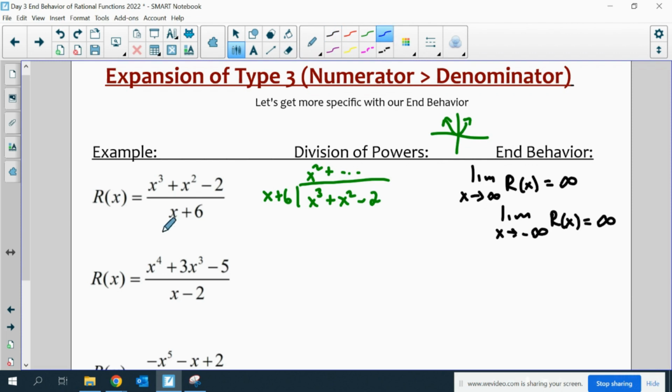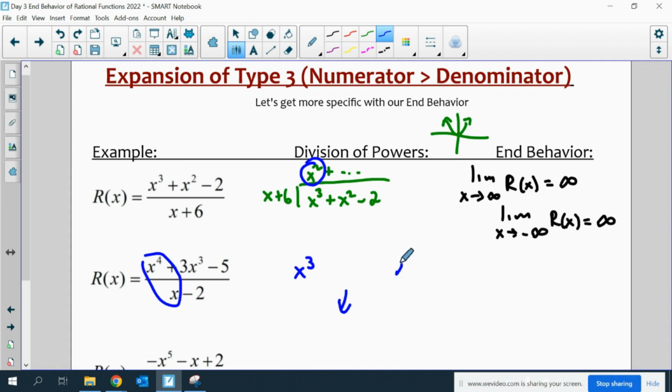Case 2, in this case, I have x to the fourth over x. If I did long division, it's going to look like x to the third. And so what you're starting to see is you can see if you just mentally divide the leading powers, you end up getting something like x squared. That end behavior is going to go up in both directions.